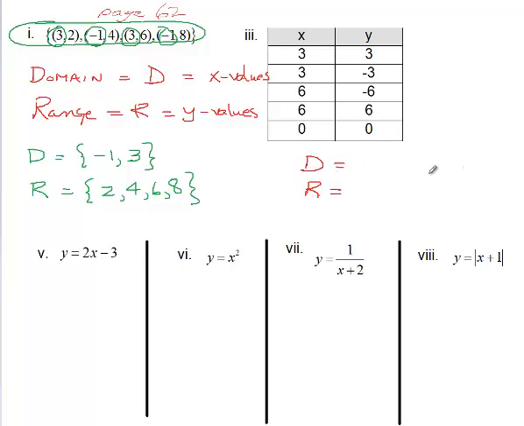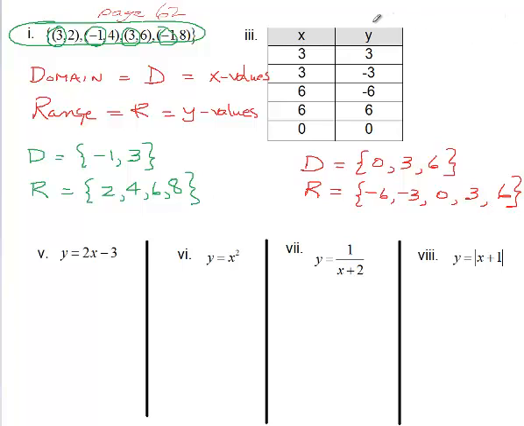So here we have a domain and range. What x values are in use? The x values here from lowest to highest are 0, 3, we got 3 again, don't need to repeat it, 6. And the range here, the lowest is -6, then we go to -3, 0, +3, and +6. So there's the domain and range. From these two, it's quite easy.